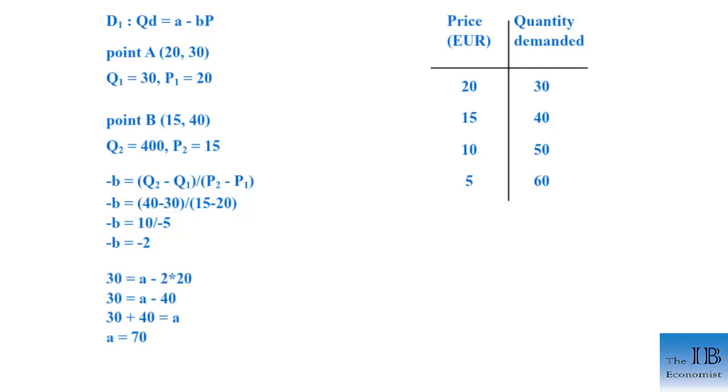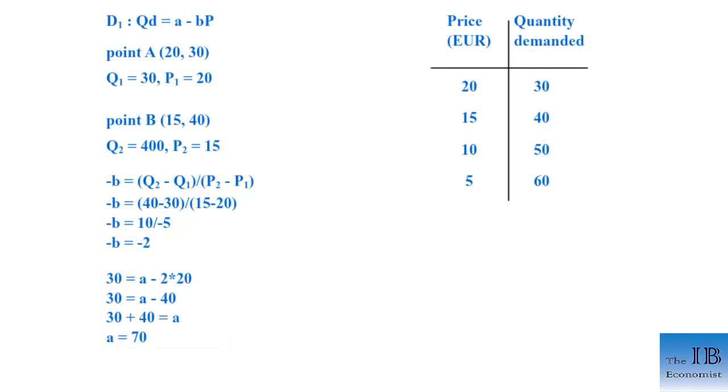In this case, we are using our first point with price 20 and quantity demanded 30, and we get that 30 is equal to a minus 2 times 20. Essentially, 30 would equal a minus 40, or a would be equal to 30 plus 40, which is 70.